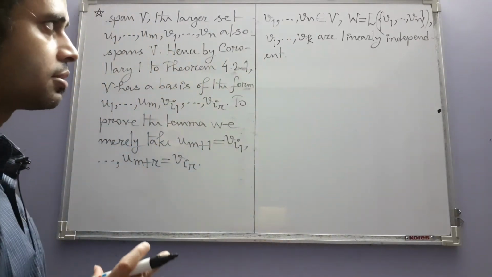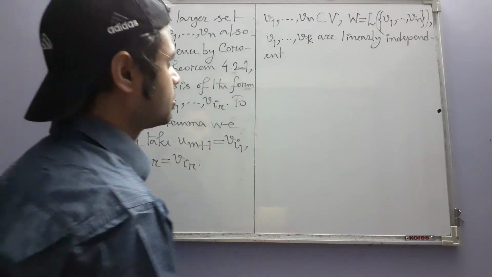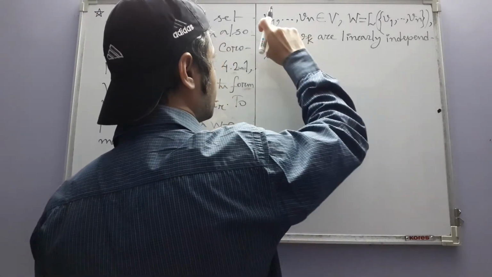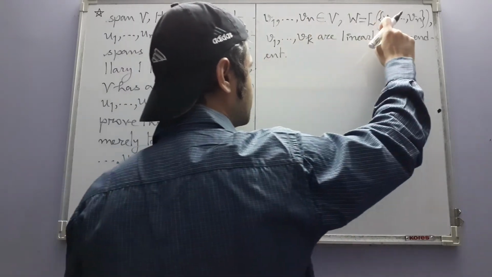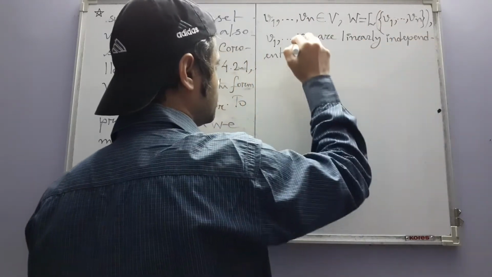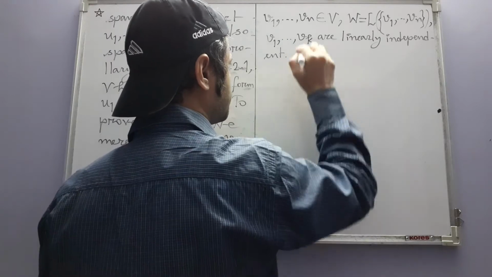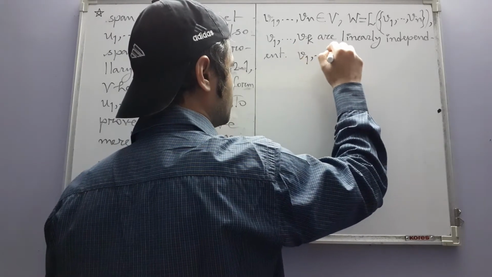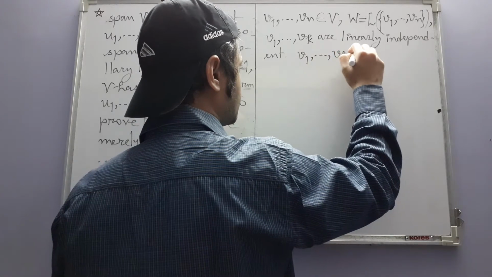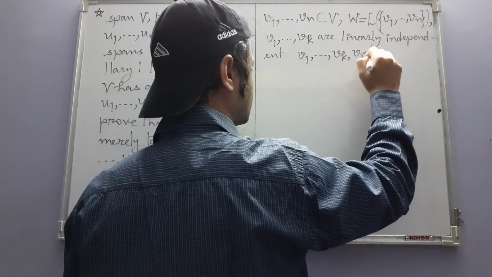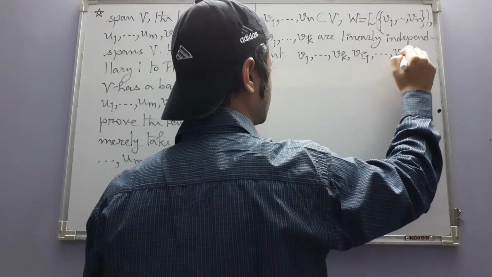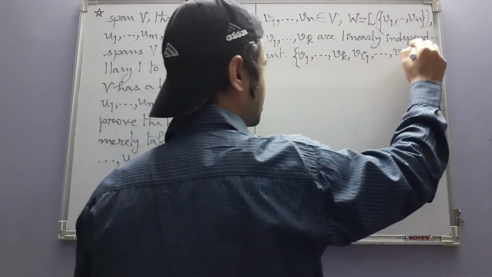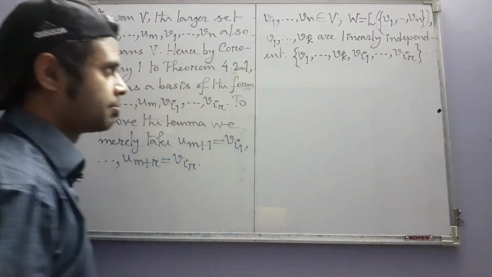Then the corollary states, it asserts that there is a subset of this set of n vectors which looks like this, v1 up to vk, and so on. Let us for once write it properly as a set.